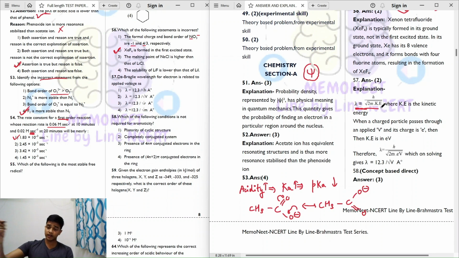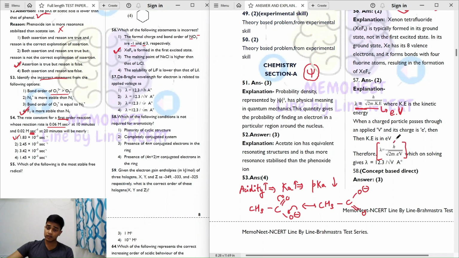So if I try to write down the formula for kinetic energy in terms of the voltage, right, because we have to find out the relation between de Broglie wavelength and the applied voltage. So if I substitute kinetic energy, it can be written as the product of the charge multiplied by the potential which is applied. So when we substitute, we get the equation for the de Broglie wavelength as lambda is equal to h divided by under root 2meV.